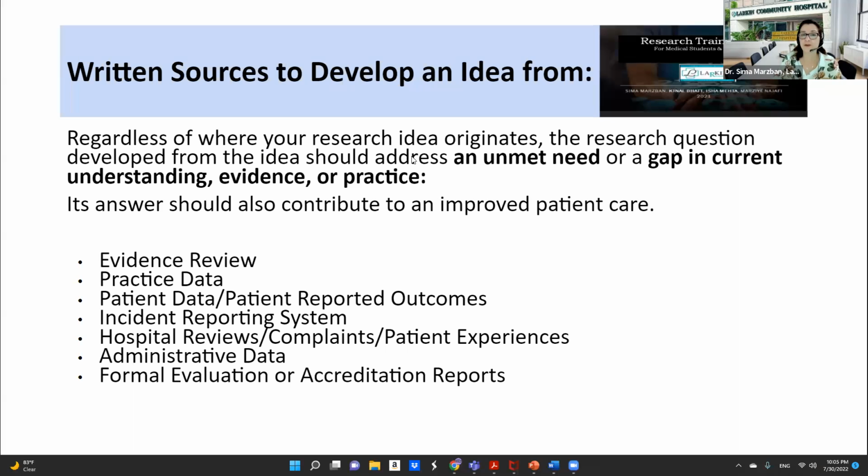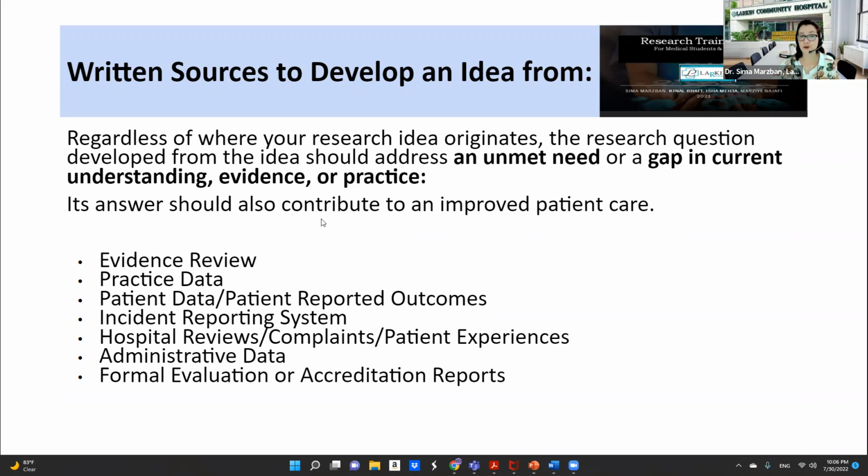Regardless of where your research area and idea originate, the research question developed from the idea should address an unmet need or a gap in current understanding, evidence, or practice. So find an area where you can be helpful for your colleagues, patients, families, or scientific community members.